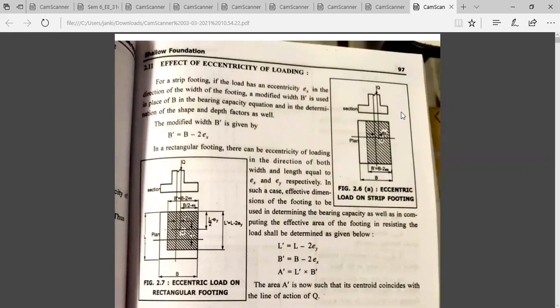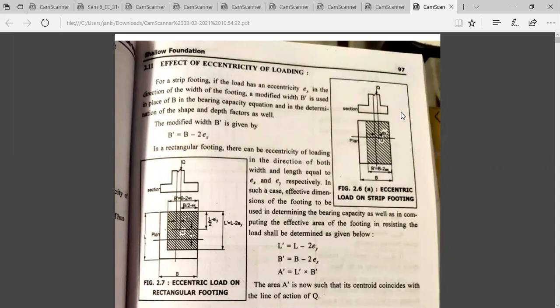The modified width B dash is the original width B minus 2 times its eccentricity in the X direction. This is the strip footing case.